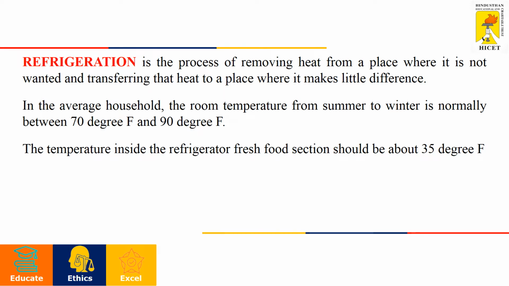Normally the room temperature is around 70 degrees Fahrenheit to 90 degrees Fahrenheit, but inside the fridge it is around 35 degrees Fahrenheit. Why so? To keep the food fresh. So this is all about refrigeration. It's very simple: it removes heat and throws it out.